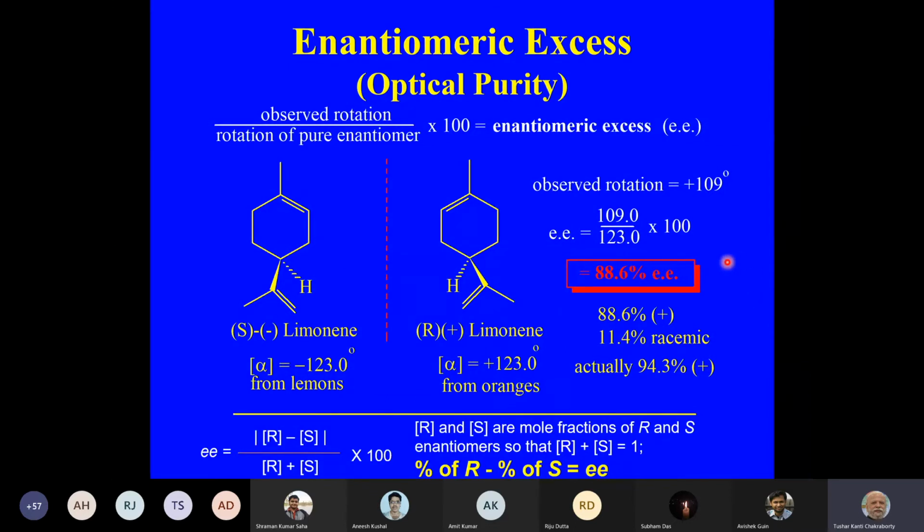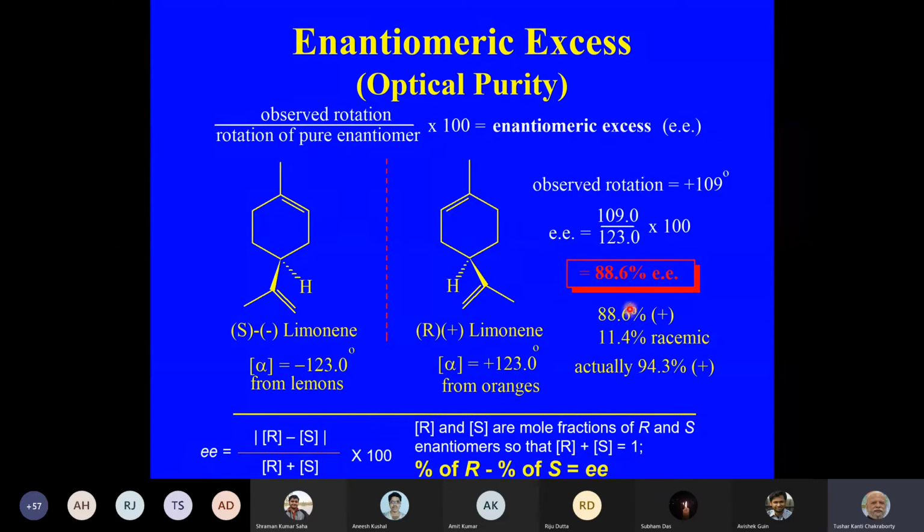Anyway, if you know the correct specific rotation, then you divide these two and multiply by 100, and then you get a number 88.6%, and that is the EE. That means it has 88.6% of the plus isomer or R-limonene, and 11.4% will be racemic. So that racemic portion is showing specific rotation 0.